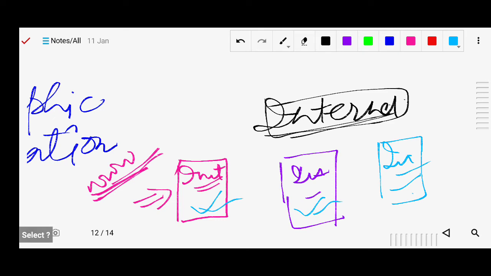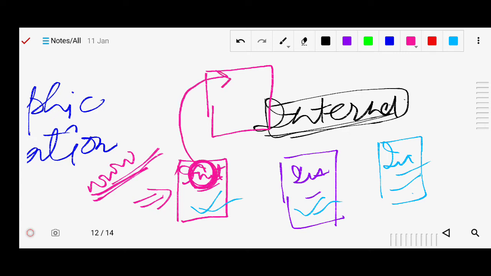Now what will this web portal do? Suppose some information here is about the history of the internet. What is the internet? It is displayed here. Here it is written when the internet was first used, and it is displayed here. And here is written what is WWW.